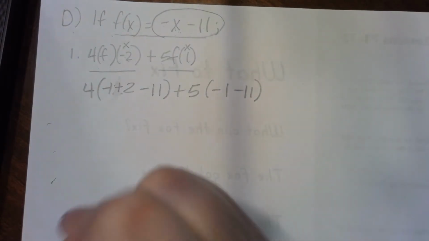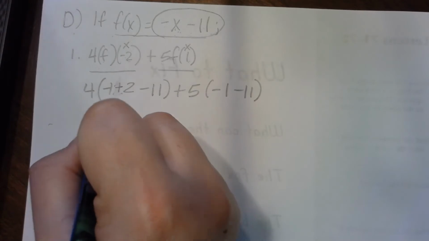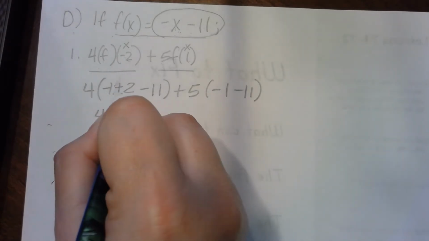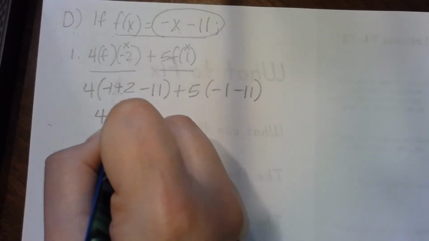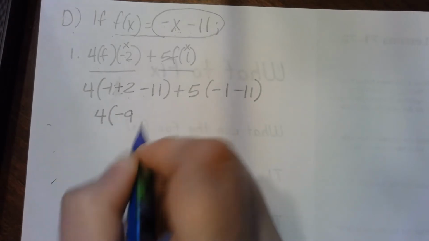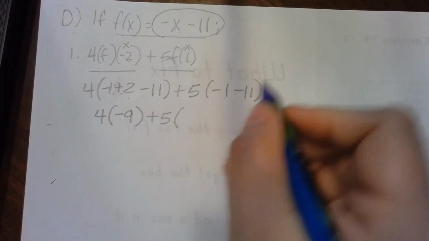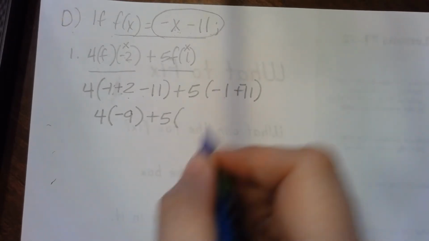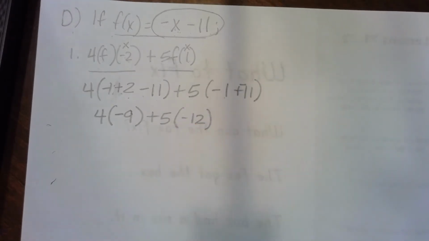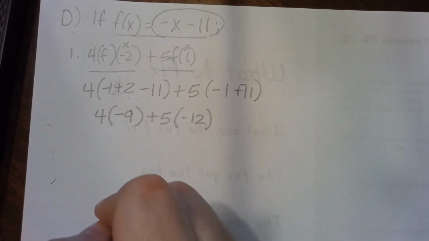From here I just continue to solve. So I'm going to have 4, and then I've got a positive 2 minus 11, which leaves me with a negative 9. Plus 5, and I've got a negative 1 plus a negative 11, which gives me a negative 12. I just need to multiply from here.